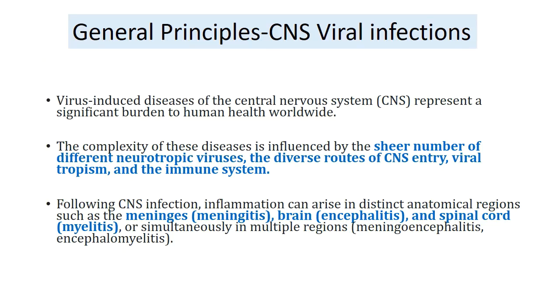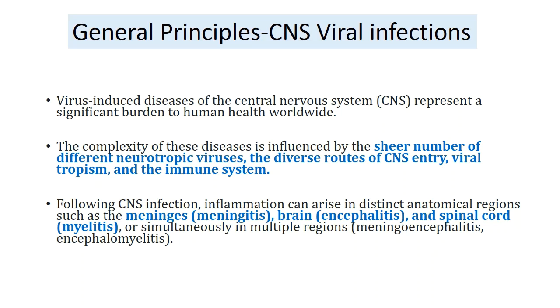So now coming to the general principles of CNS viral infections. Virus-induced diseases of the central nervous system represent a significant burden to human health worldwide. The complexity of these diseases is driven by the sheer number of different neurotropic viruses, the diverse routes of CNS entry, viral tropism, and the immune system per se.